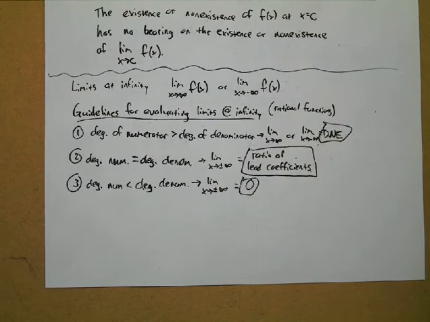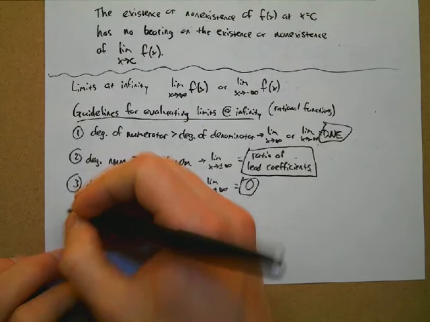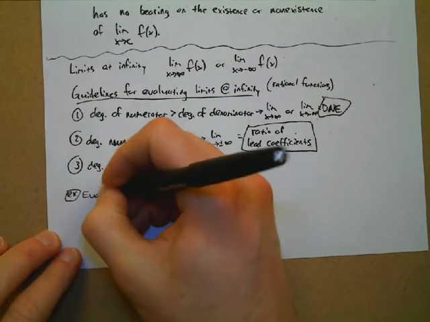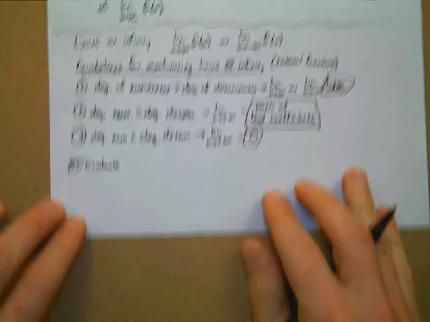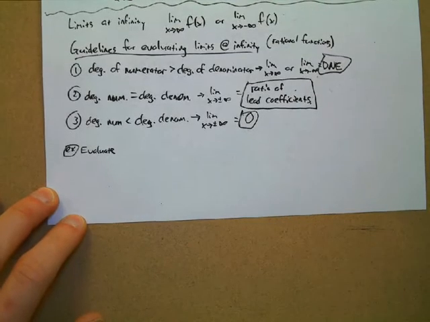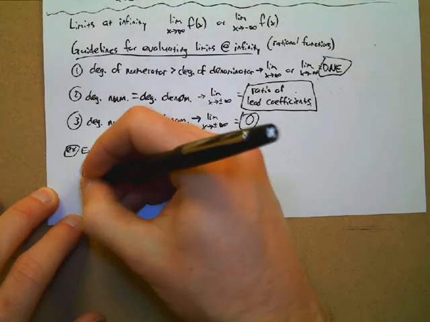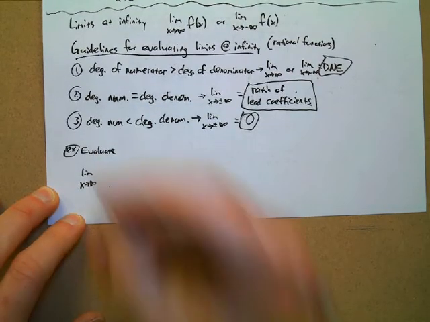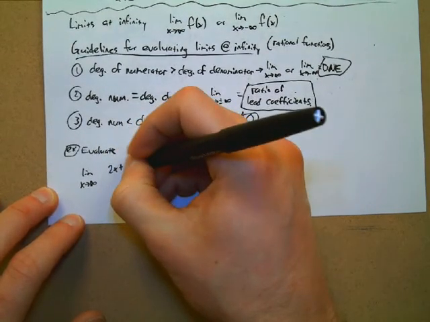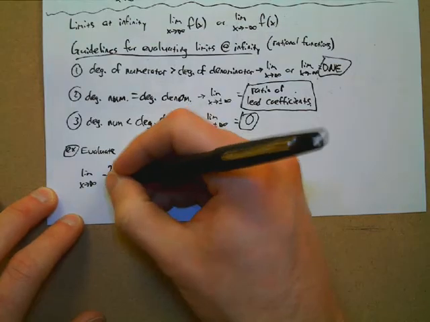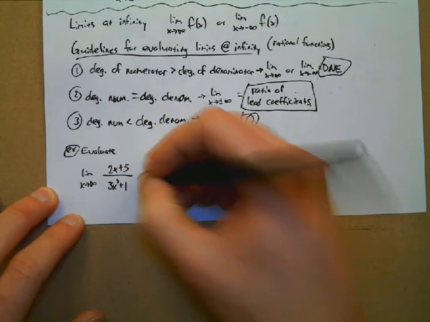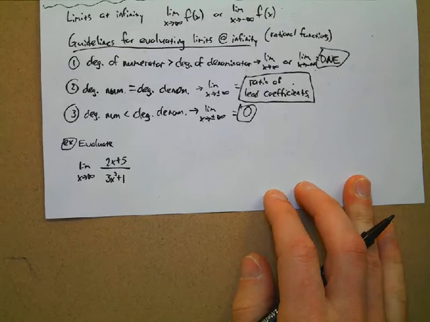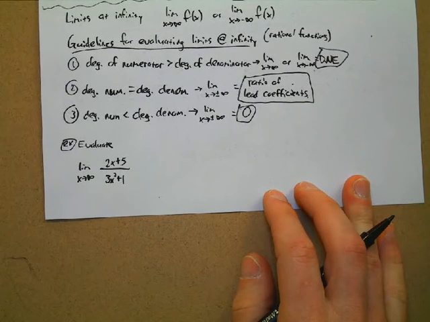Okay, so the limit as x approaches infinity of 2x plus 5 all over 3x squared plus 1. This is the limit at infinity, so we go to our rules.